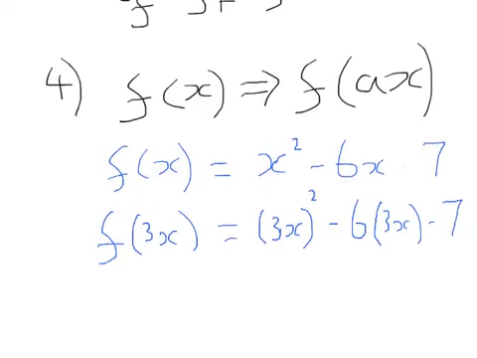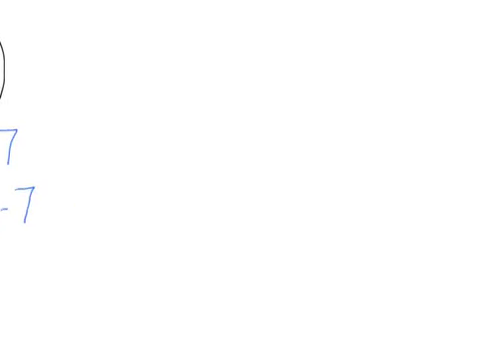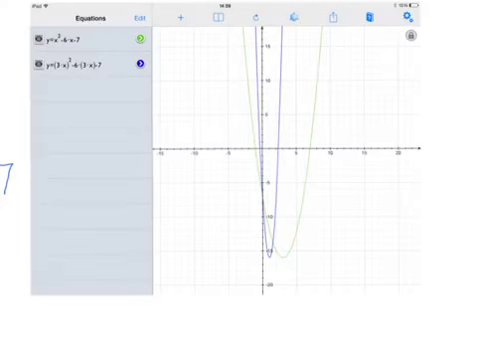Let's jump to the graph, see what actually happens to this. So I'm going to shift us over here once again, and we're going to have a look at what's happening. Okay, let's take a second to digest what's happening here and how it can help us. So, again, just like before, for the sake of consistency, I've got our original green graph, x squared minus 6x minus 7, and we've got this lovely quadratic that we've seen before.